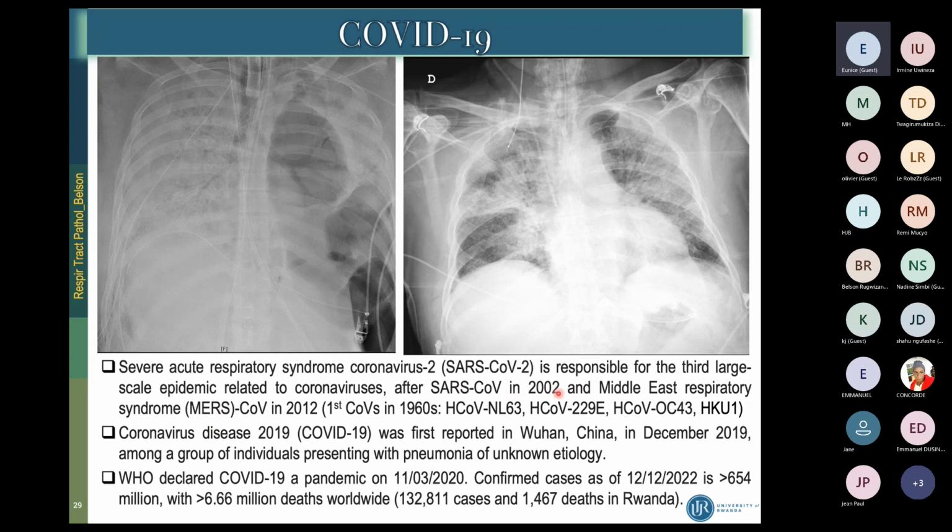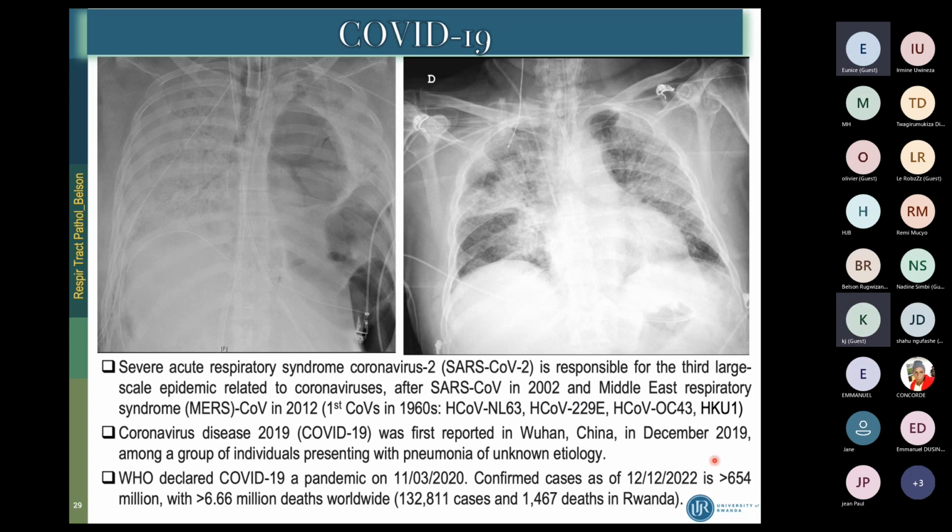So nk'uko mizero iyi ni virus yabonetse bwa mbere mu Bushinwa, kandi kugeza ejo bundi ku itariki ya 12 when I was preparing this. So ku isi yose hamaze kuboneka abantu 654 bayirwaye, imaze guhitana 6.6, naho mu Rwanda imibare igaragaza 132, abapfuye 467.